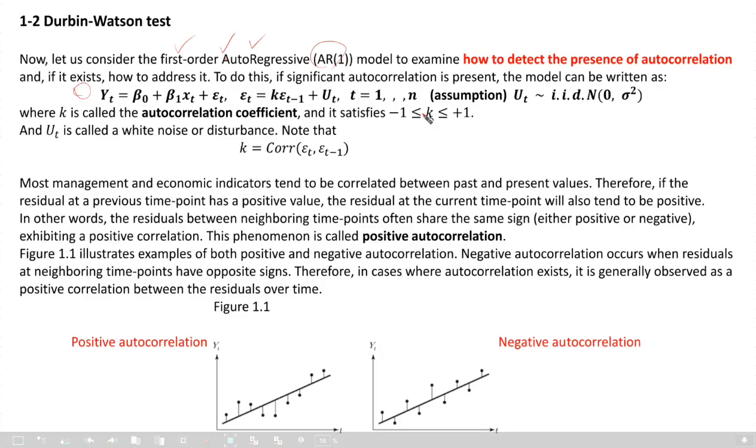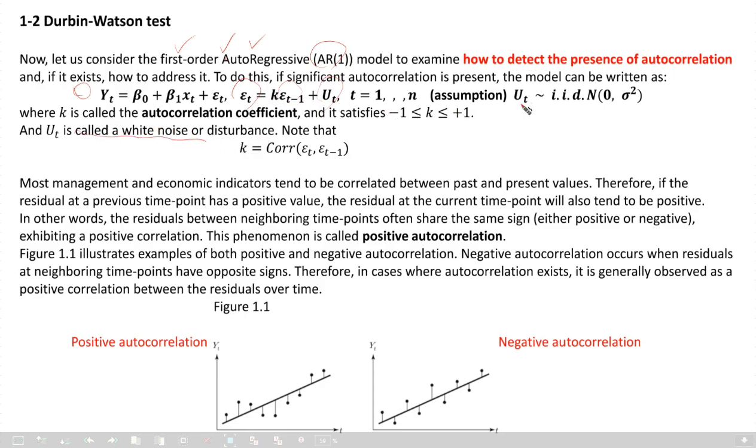I introduced this model before. So y_t equals beta 0 plus beta 1 x_t plus epsilon_t. Epsilon_t is a function of what? The previous time point's epsilon. So epsilon_t is k times epsilon_{t-1} plus u_t. u_t is called what? White noise or disturbance.